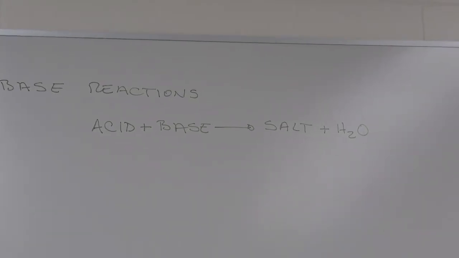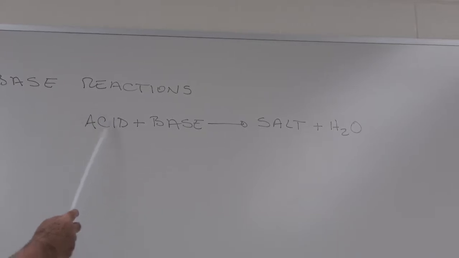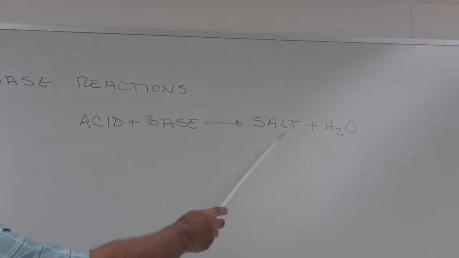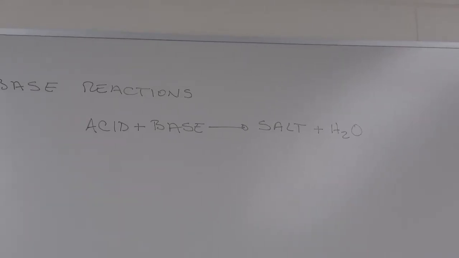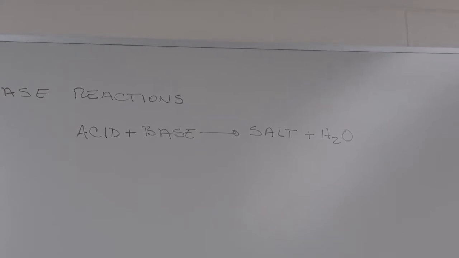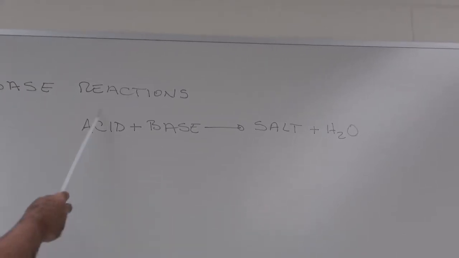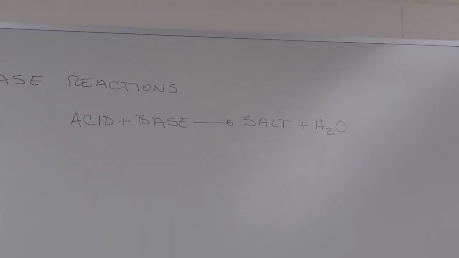In this reaction, when all the base consumes all the acid, the only thing we will have in the solution is the salt and the water, and the acidity of the solution will go from an acid solution at the beginning to a neutral solution.